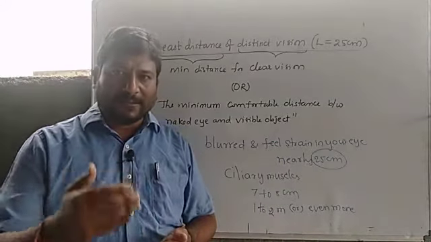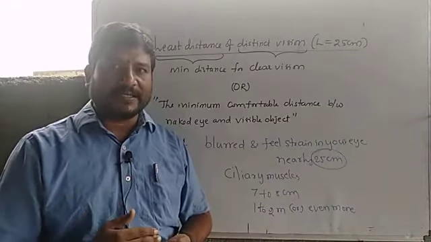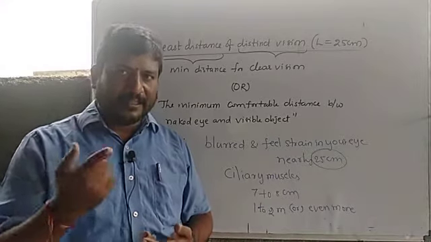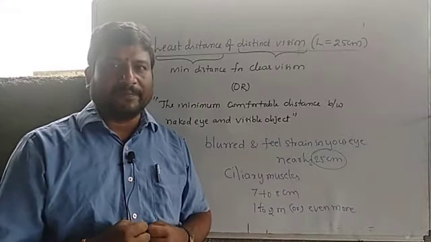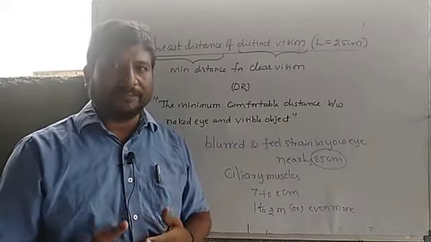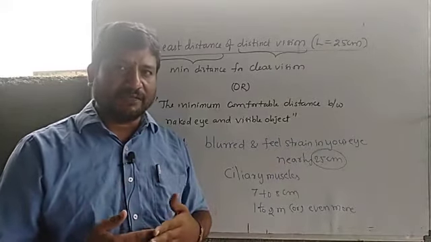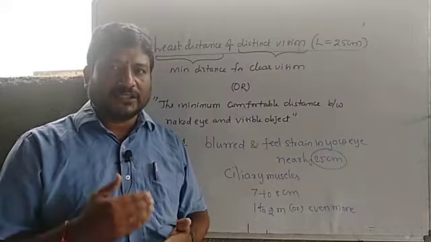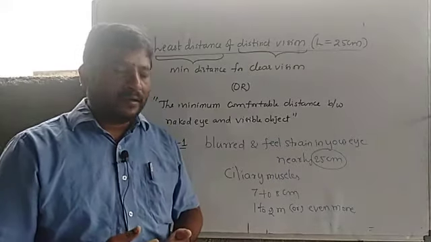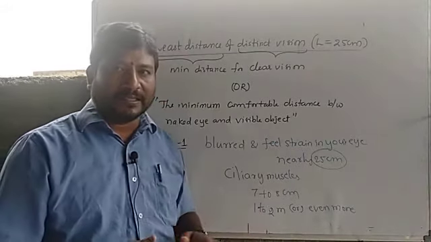In case of old persons, their ciliary muscles get weakened. They cannot sustain more strain, so the least distance of distinct vision for old persons shifts to a larger value, that is 1 to 2 meters or even more.